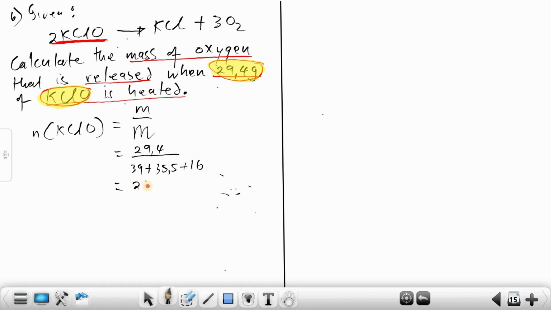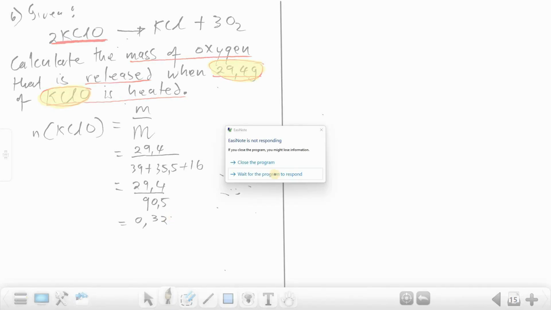So n is equal to 29.4 divided by 90.5. Then 29.4 divided by 90.5 gives me 0.325 mole.